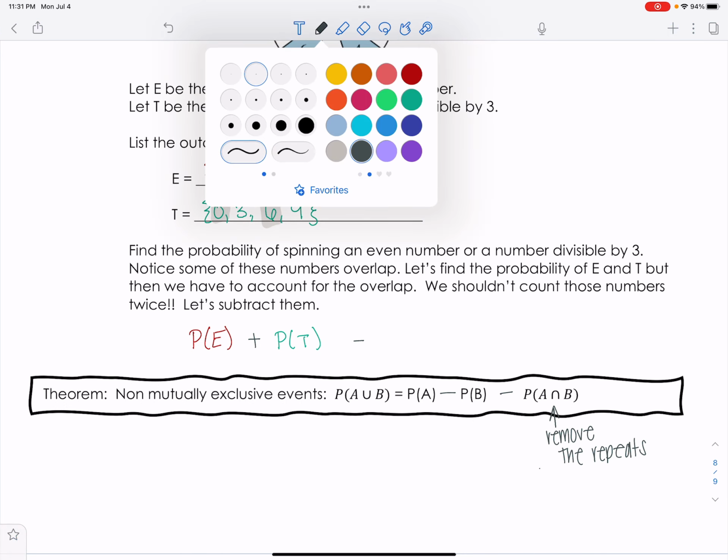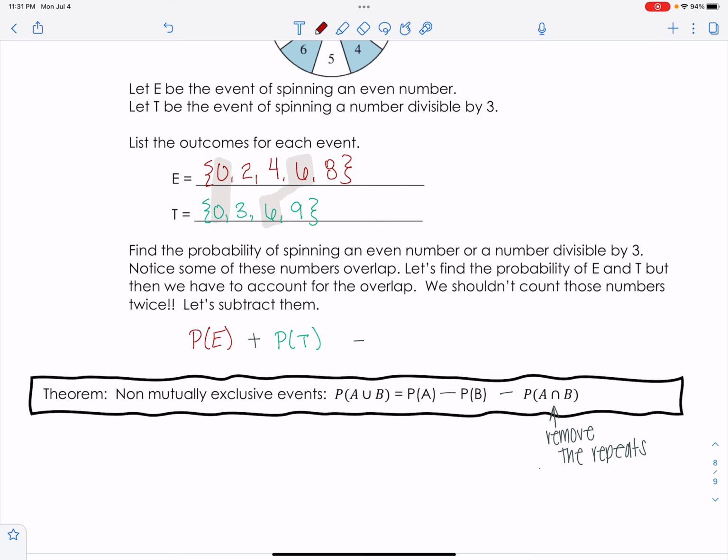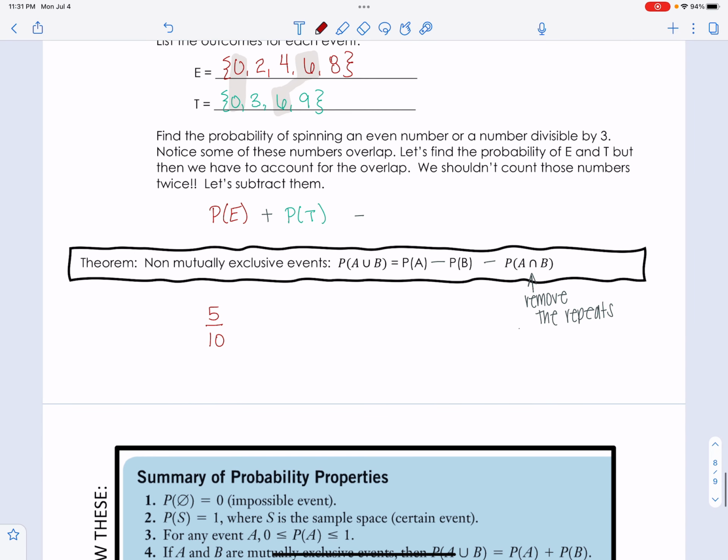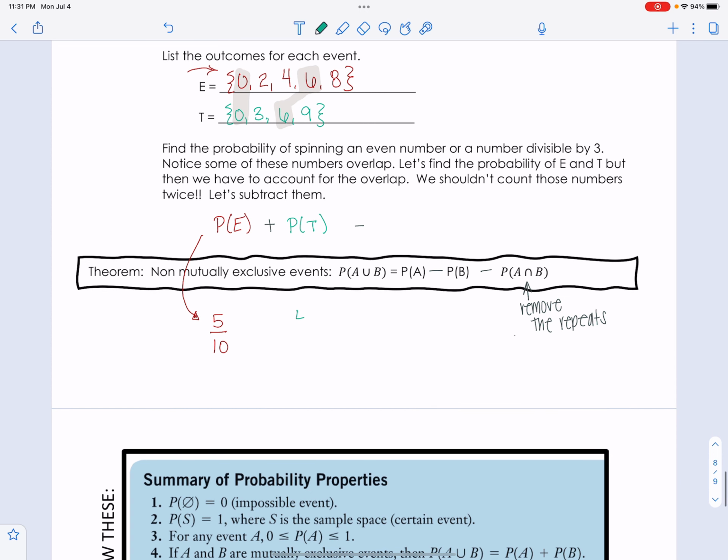The probability of E is going to be 5 out of the total of 10, because there were 5 listed in my event. The probability of T is going to be 4 out of 10. Now, don't worry about reducing them yet. We'll do that at the very end.